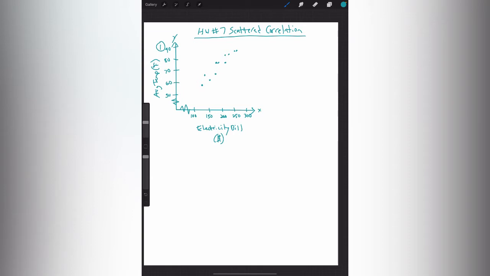And 58 and 110. So 58 and let's see about right there. Okay?